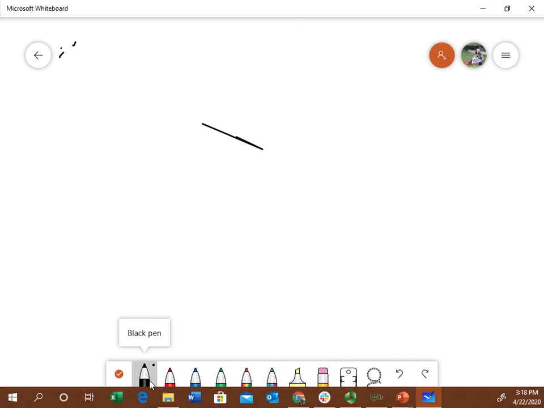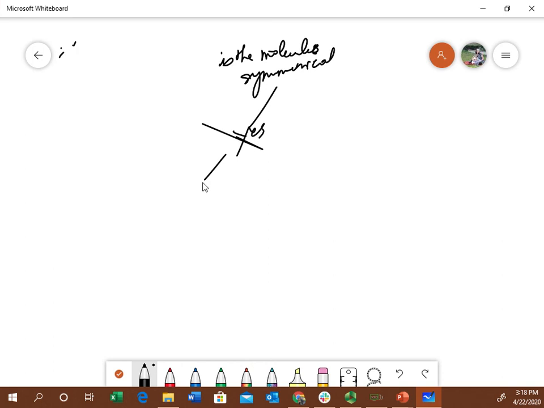You can ask yourself, is the molecule symmetrical? If you answered yes, then it is automatically non-polar. If we answered no, then we should ask ourselves another question.